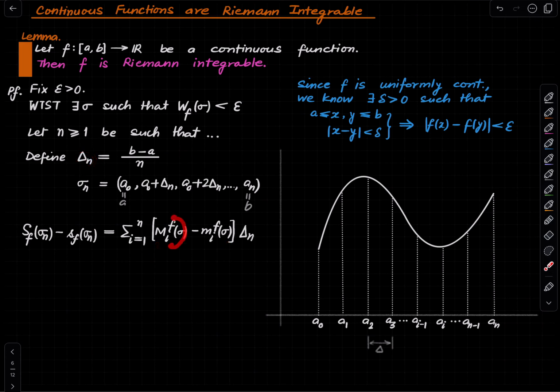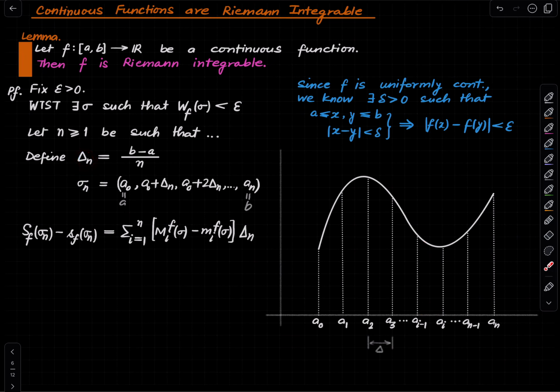What is this? This is the supremum of all the values that the function takes on the ith part. This is the infimum of all the values that the function takes on the ith part. But if you pick any two points in the ith part, take the f values and take the difference, that is less than epsilon. That's by choice of little n.